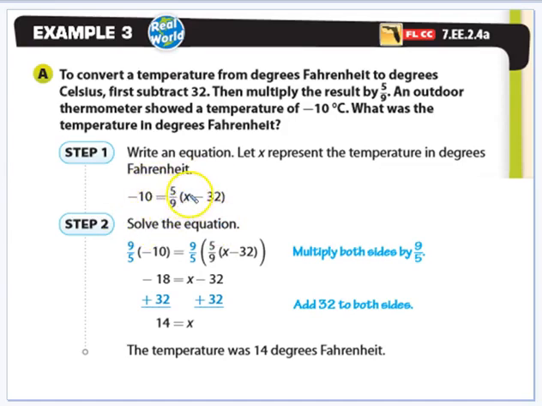Okay, this is what it's called. This is called a formula.